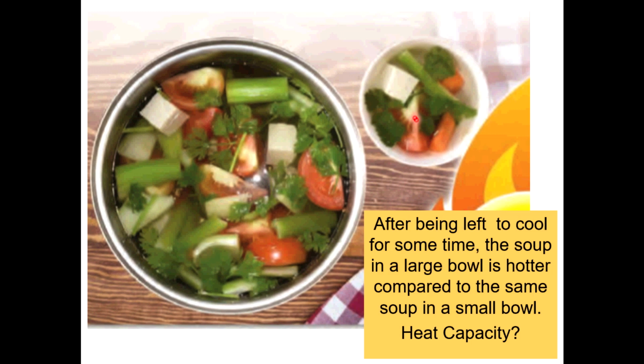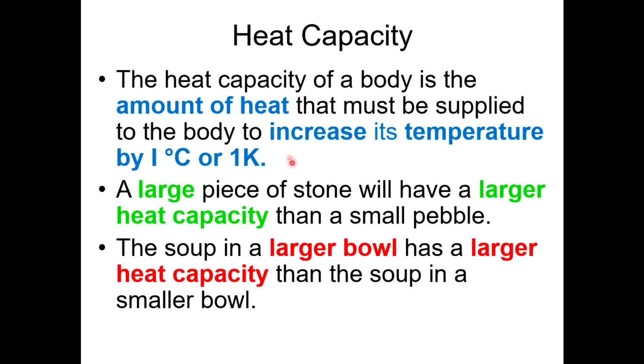And the smaller bowl has smaller heat capacity, hence it cools faster. We repeat: heat capacity is the amount of heat that must be supplied to the object to increase the temperature by 1 degree Celsius or 1 Kelvin. The keyword here is the amount of heat to increase temperature by 1 degree Celsius or 1 Kelvin.